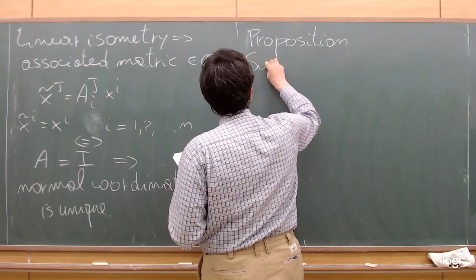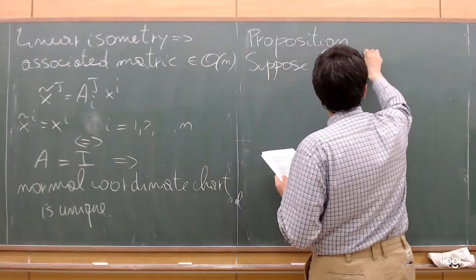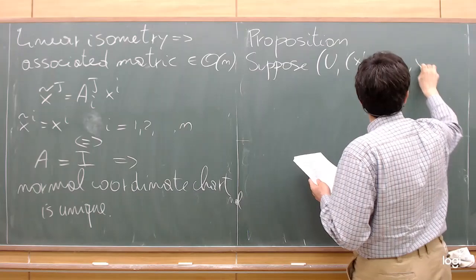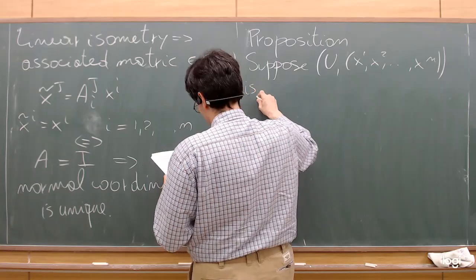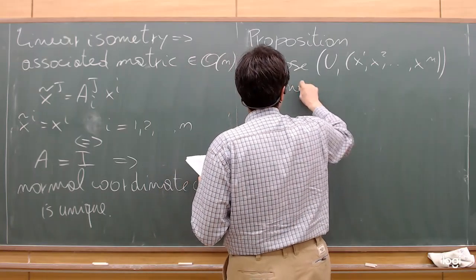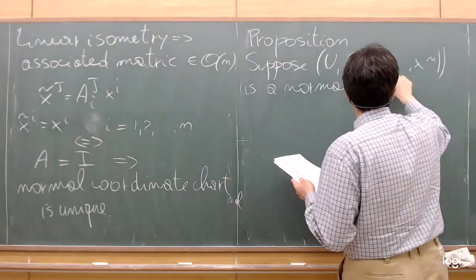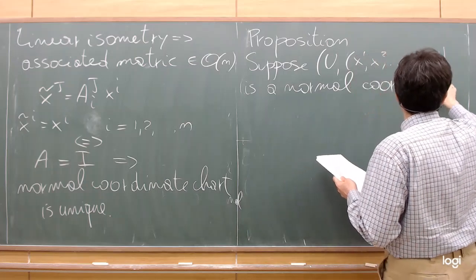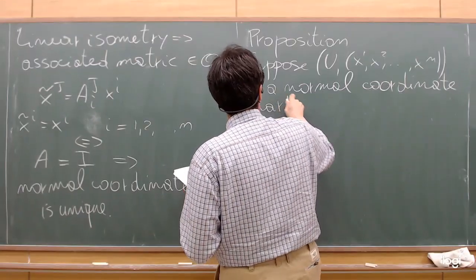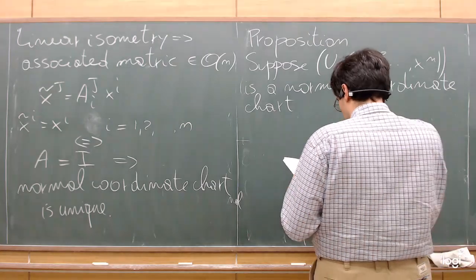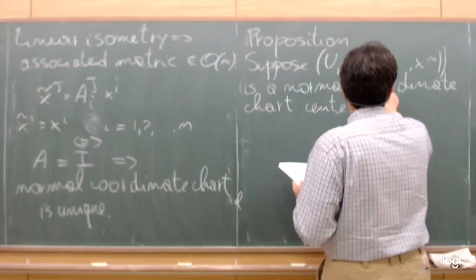So suppose that (U, x1, x2, ..., xn) is a normal coordinate chart centered at P.